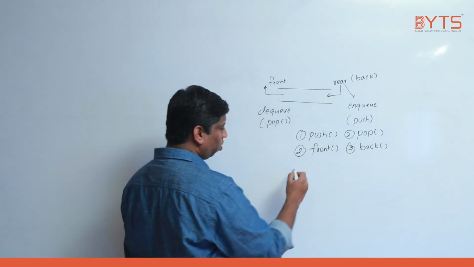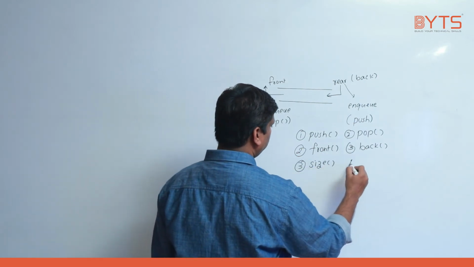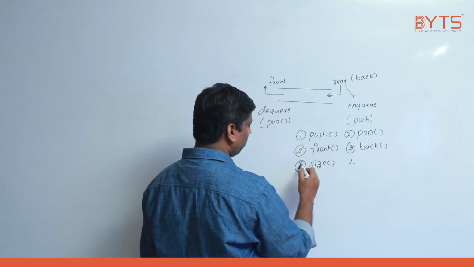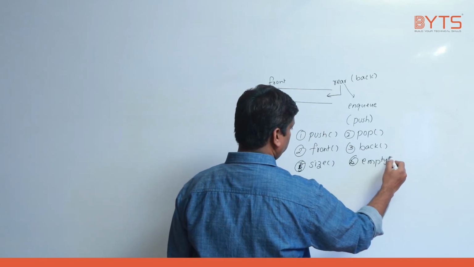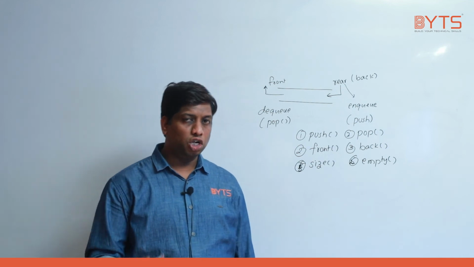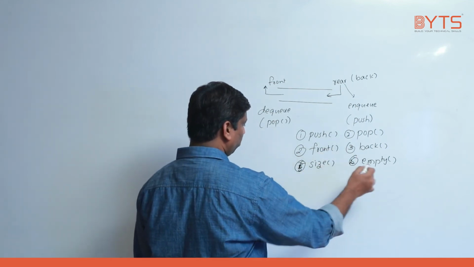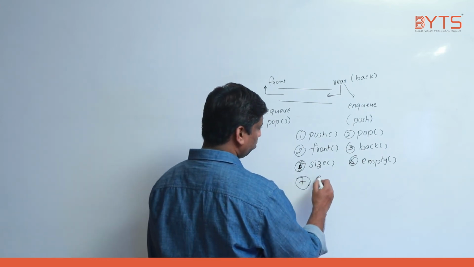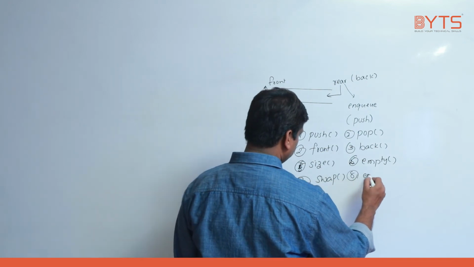Similarly, we have the size function, and the empty function. The size function will give you the size, the empty function will check whether the queue is empty or not. It's a predefined function. We also have the swap function, and the eighth one is emplace.